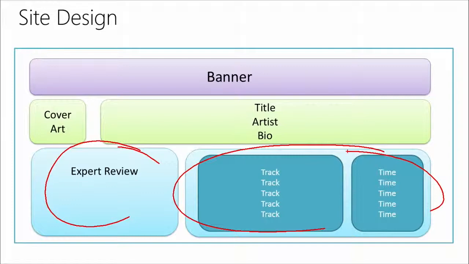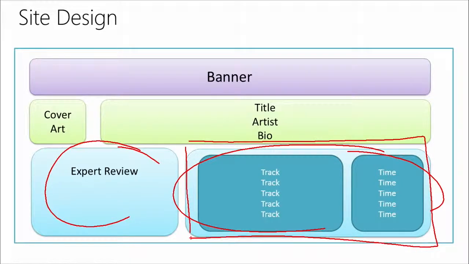Probably the track data. So on a smaller device, I want my tracks to take up a full 12, and I want my expert review, and this is going to be the key, to slide in down below. That's what I want to have happen.